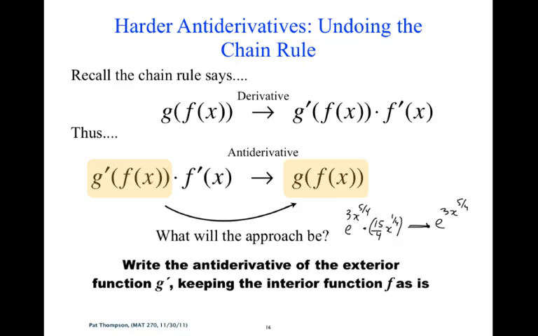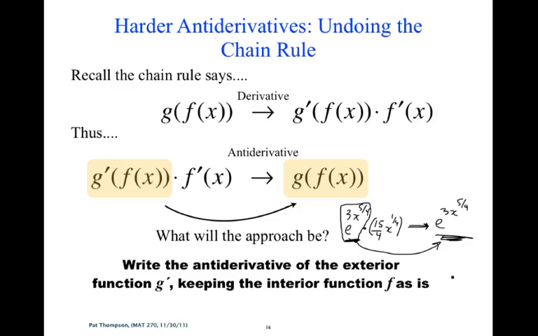So just thinking about this process, here we've got this rate of change function. We want the antiderivative. We identify that the g prime f was this, and then what do we do? We do the antiderivative of g, or the antiderivative of e to the something, right? The antiderivative of e to the something is e to the something, and there it is. Make sense?